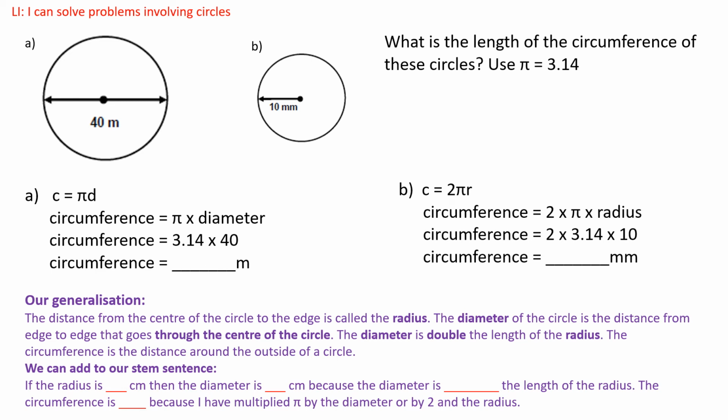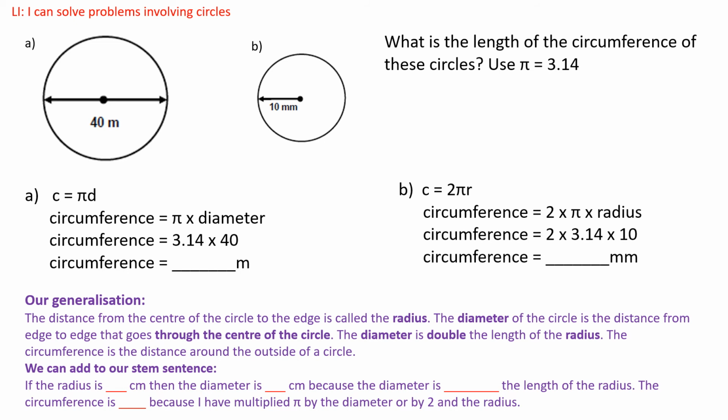On B, I haven't got the diameter, but I do know what the radius is. And I know that C equals 2 pi r. Can you remember what that means? It means circumference equals 2 times pi times radius, which is 2 times 3.14 times 10. And that will tell us how much the circumference is going to be.